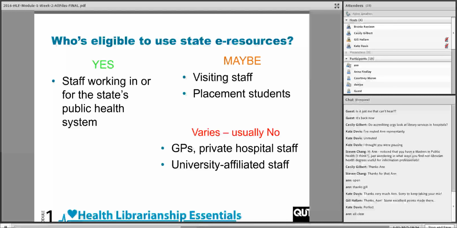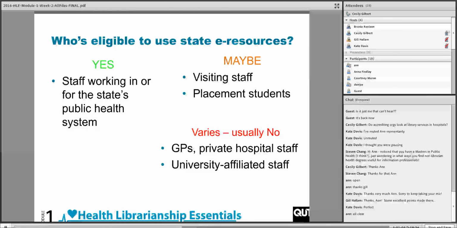It's touch and go, and changes a little bit, for staff who come to the health system as visitors or as maybe only short-term placements. You may know that in many cases nursing staff are augmented by people who are employed casually from a nursing pool or agency. It's often the case that agency staff don't get access to state resources, so they'll be working in a ward situation.